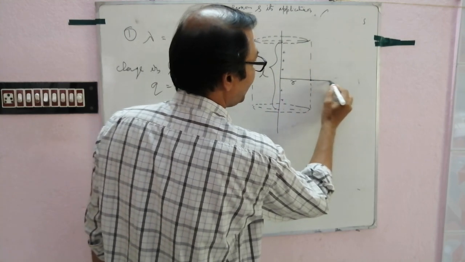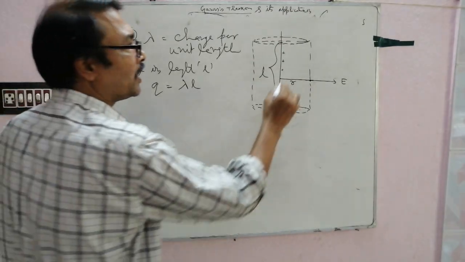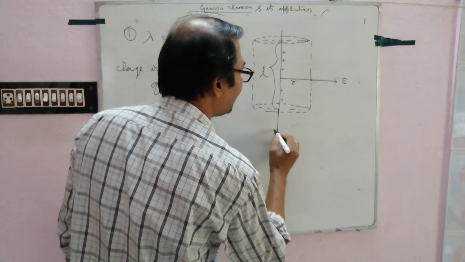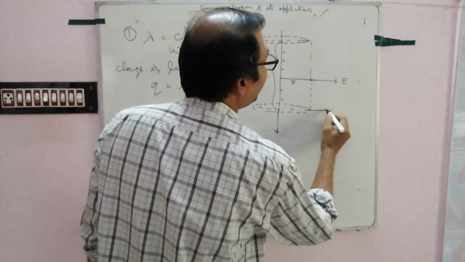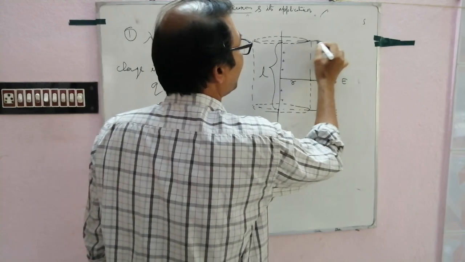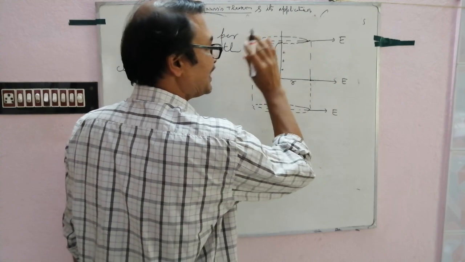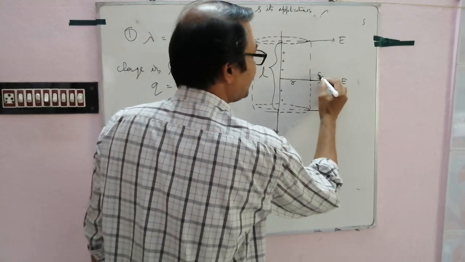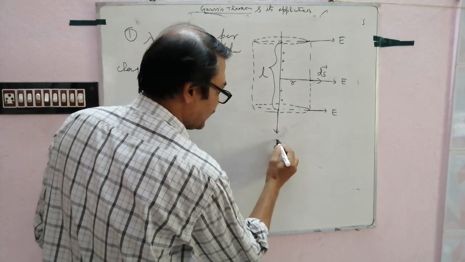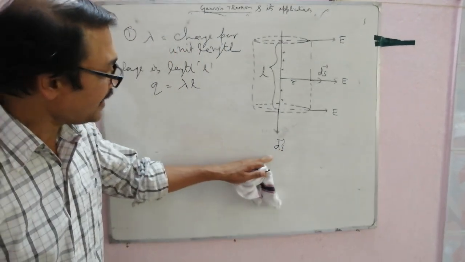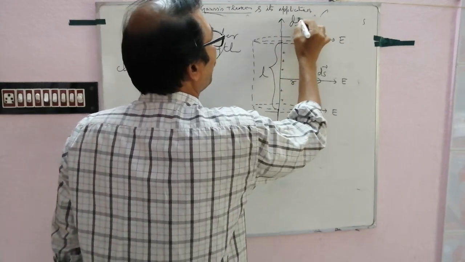So the direction of the field is outward, normal to the Gaussian surface, and here also the electric field is outward, and the normal of this curved surface is in this direction, and the area vector is in this direction, upward, this downward, and this upward.